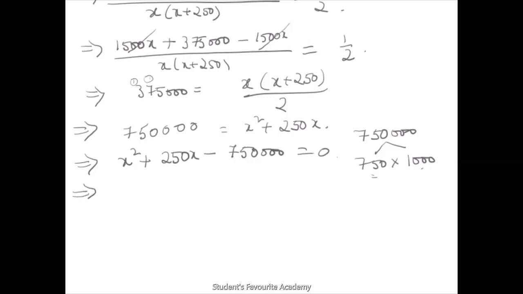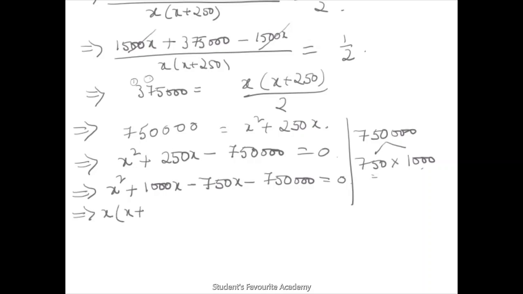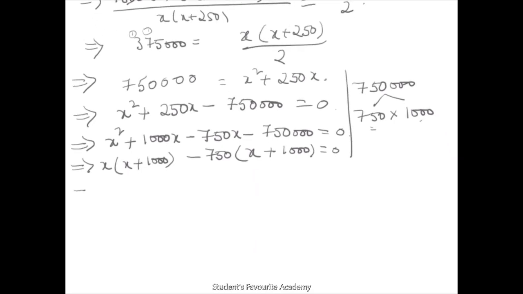So now we get x square plus 1000x minus 750x minus 750000 is equal to 0, right? So take out x common: x into x plus 1000, minus 750 you take out common, x plus 1000 is equal to 0. So this implies x plus 1000, if you take out common, x minus 750 is equal to 0.